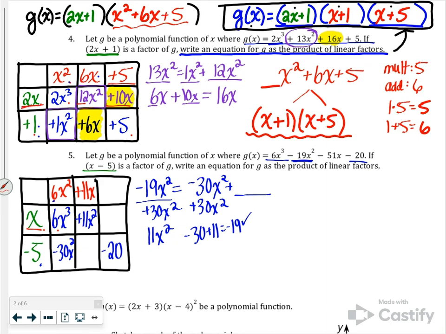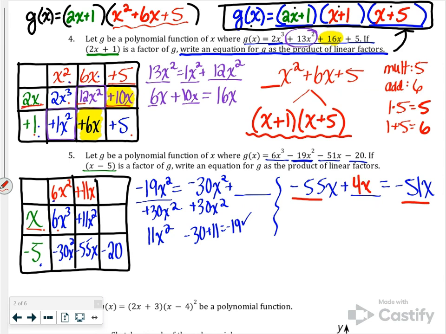So plus 11x, we know, would multiply down here to be minus 55x. And so negative 55x must add to something to give us negative 51x. So the difference between negative 55 and negative 51 is 4x.